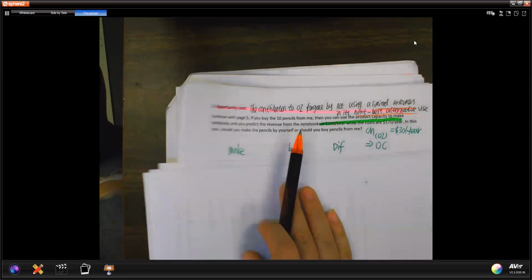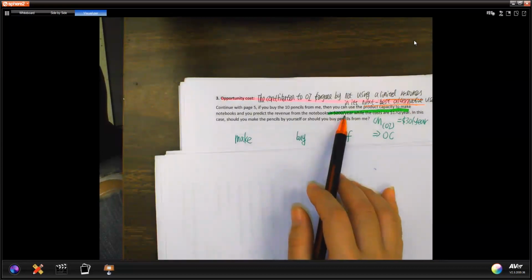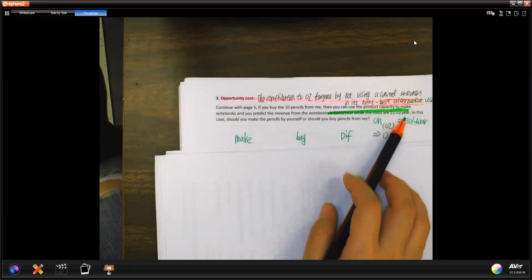If you are buying 10 pencils from me, remember we had our page 5. The only new thing is, if you buy the pencil from me, then you can use the facility and the employees to work on the notebook. Every year, the notebook will give you $200 in revenue and $170 as the cost.